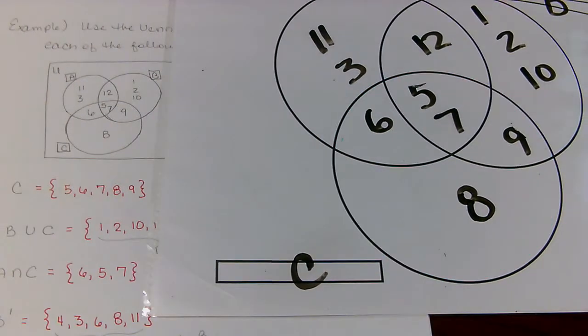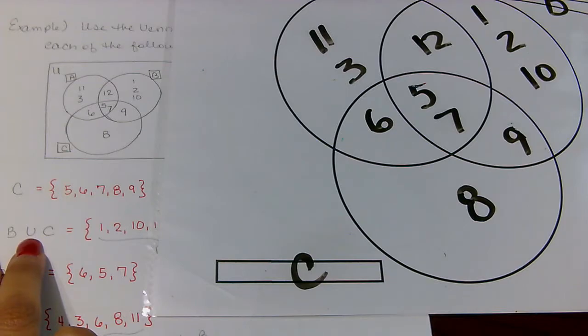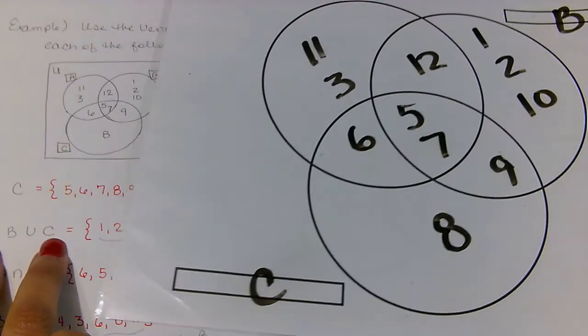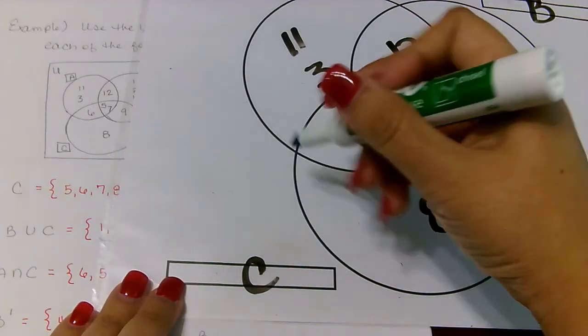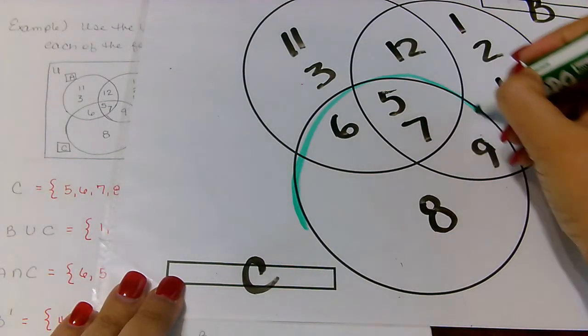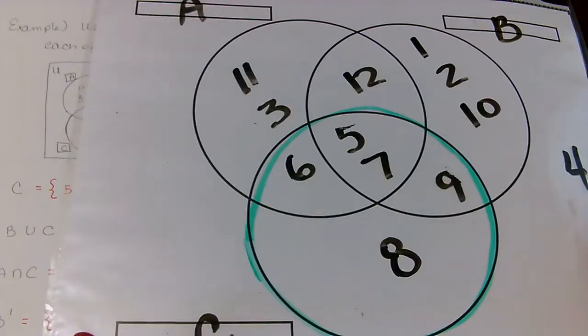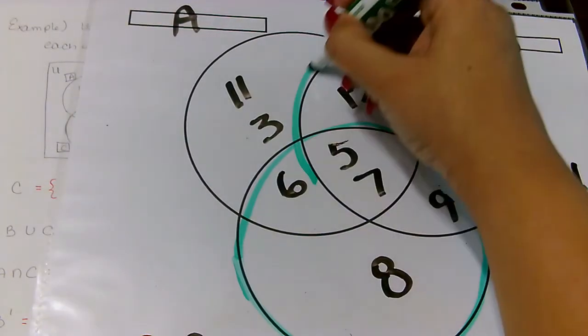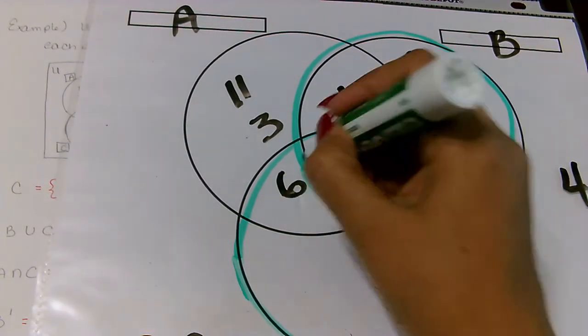Okay, in part B it says B or C. So remember we have that "or" statement. It means you can have one or the other. So I'm going to go ahead and circle everything in C and everything in B. Okay.